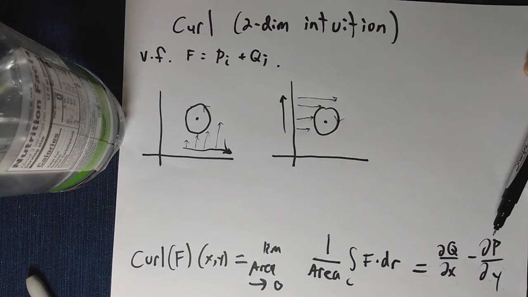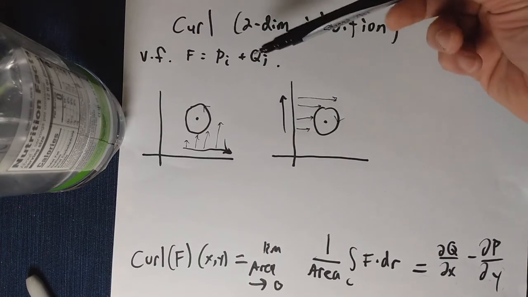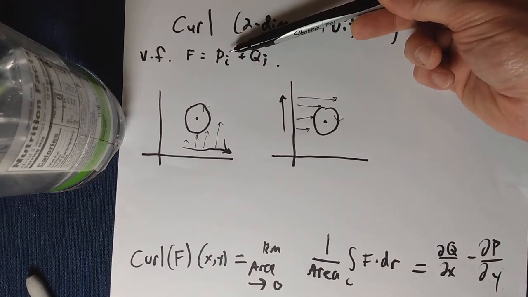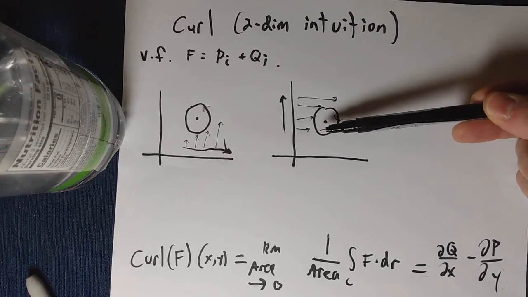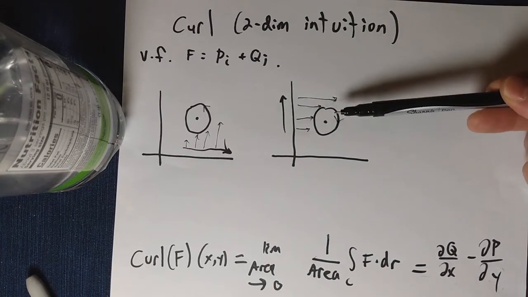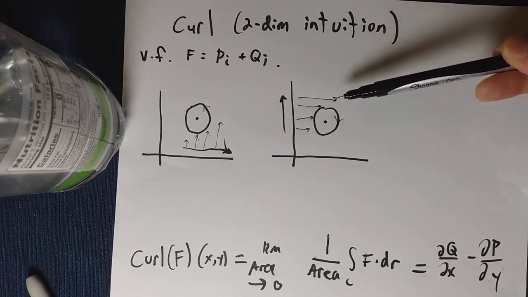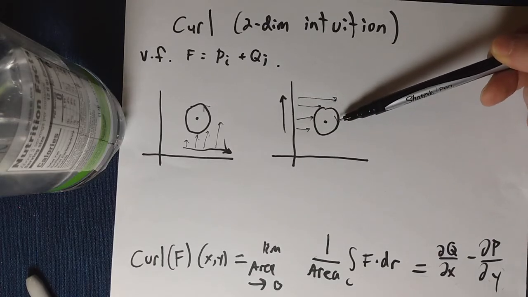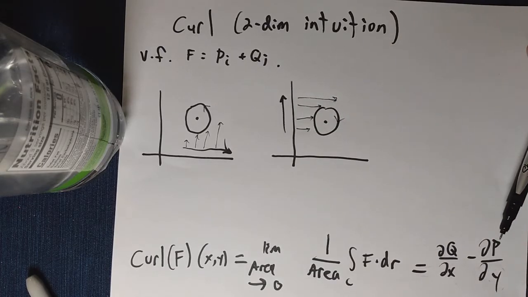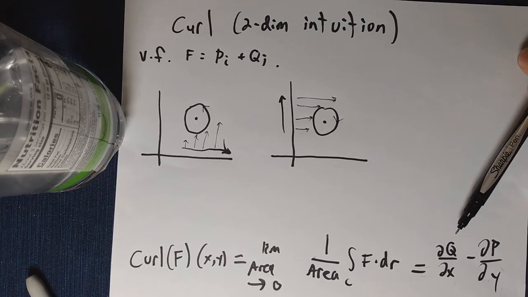And now consider this term, the partial of P with respect to Y. So P gives the horizontal motion, and in this vector field, the magnitude of the vector field is increasing in the x direction as y increases, which is tending to induce a negative rotation. So if this term is larger, we get a negative rotation, and if this term is larger, we get a positive rotation.